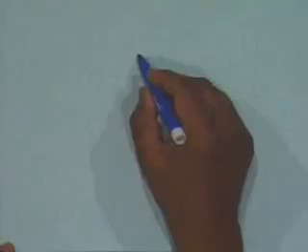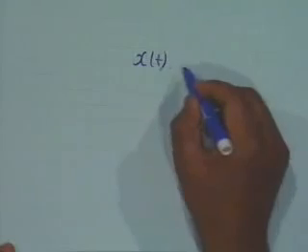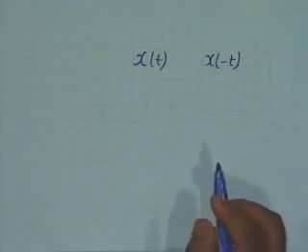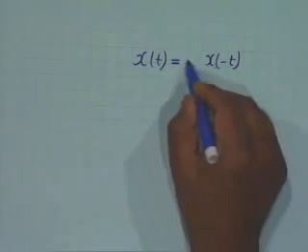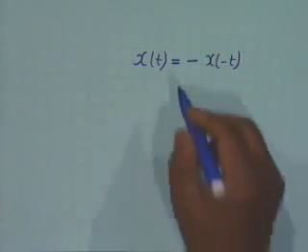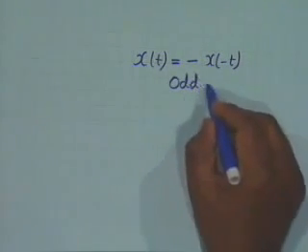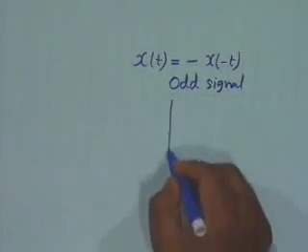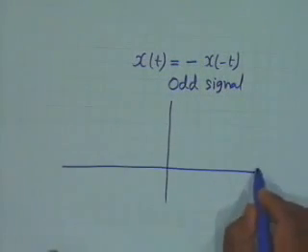On the other hand, if x of t is related to the folded version with a negative sign, then it is called an odd signal. I can draw a simple example of an odd signal like this.